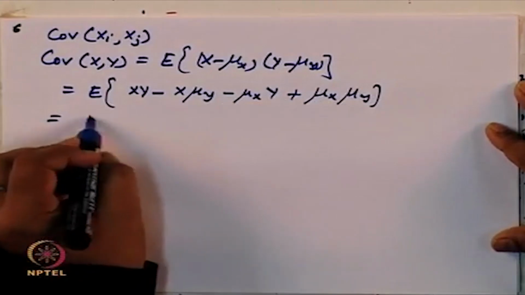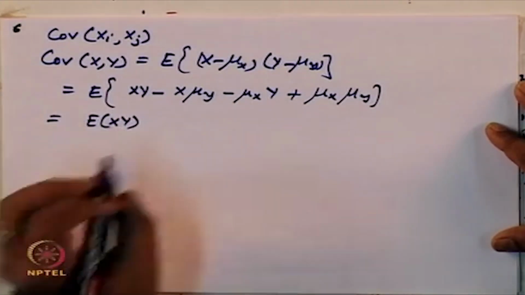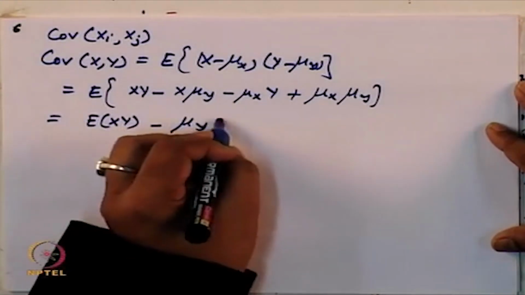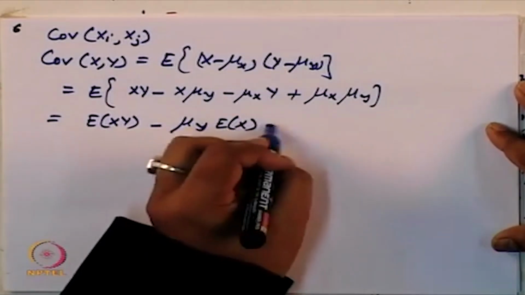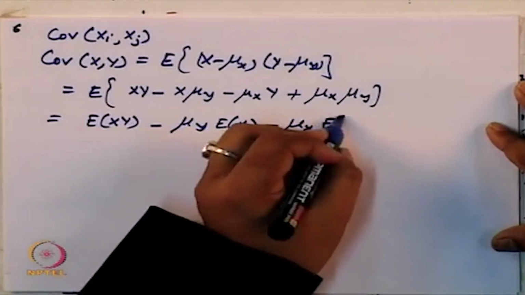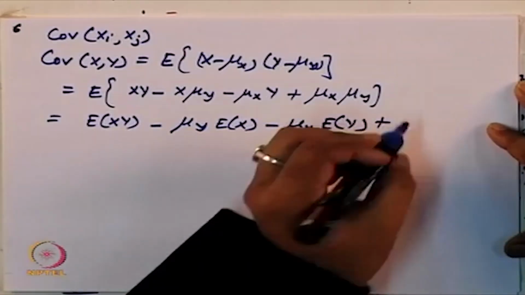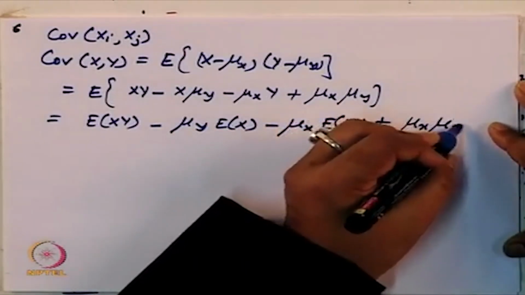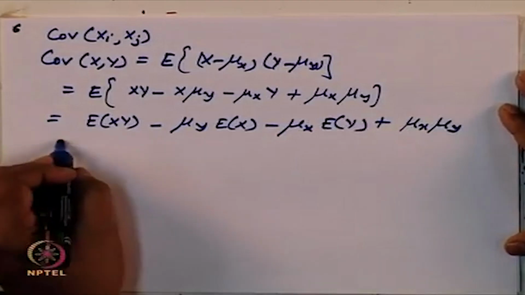I can write this as E of xy minus mu y E of x minus mu x E of y plus mu x mu y.